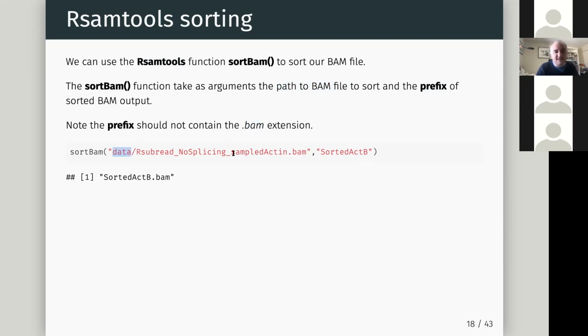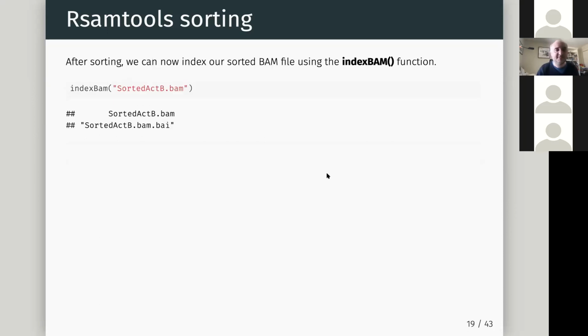Here, if I give it the BAM file we've just aligned, and I tell it I want to create a sorted actinB, it's going to create the file and return the name of the new file to me. It's going to be called sortedactinb.bam. It's just a pain. If you put .bam here, it's going to add a .bam, and you're going to end up with .bam.bam, which is just annoying.